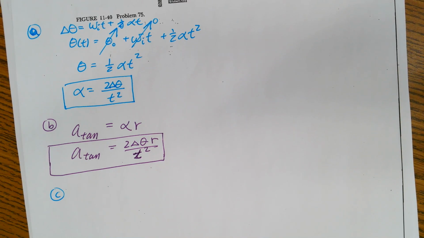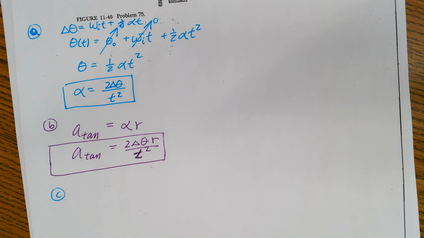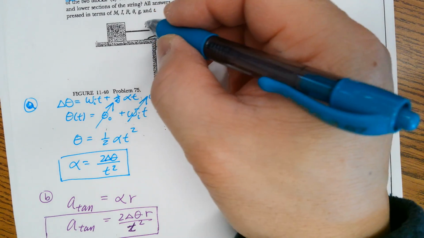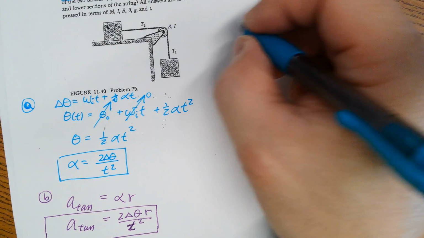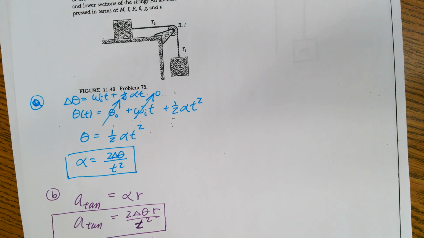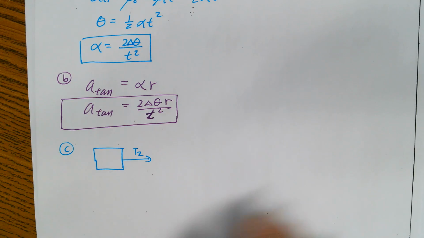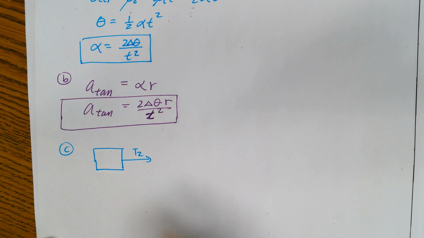C, let's figure out what the tensions of each one are. For tension 2, that's the easy one. We don't know if there's friction or not, so we're not going to assume there's friction right now. If there is friction, then we can work it out.